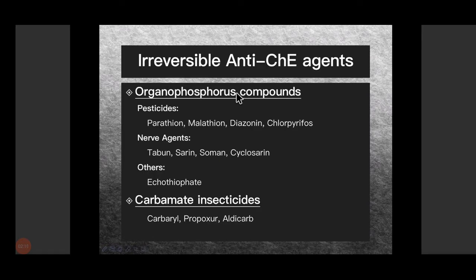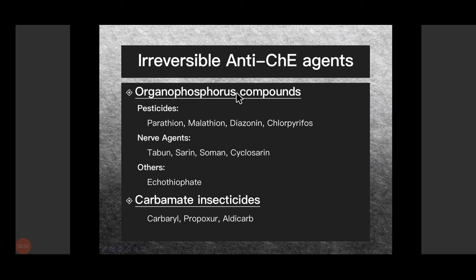Then there is another group of cholinesterase inhibitors which are irreversible. Irreversible include carbamate insecticides or organophosphorus compounds. They are mainly organophosphorus, but some of them are also carbamate.